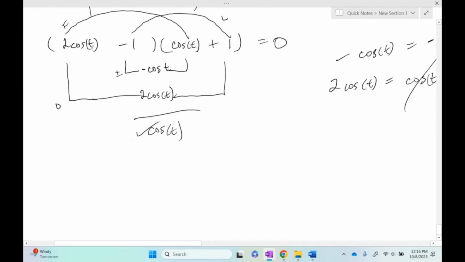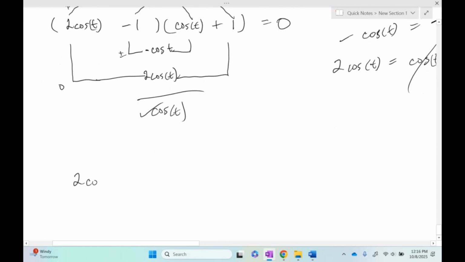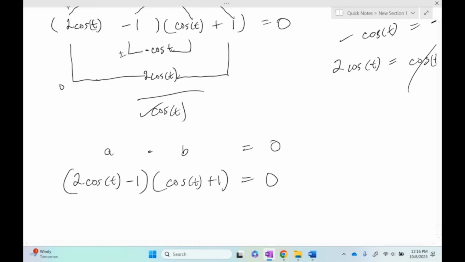So now that we have the correct factorization, I'm just going to rewrite that: 2 cosine t minus 1 times cosine t plus 1 equals 0.